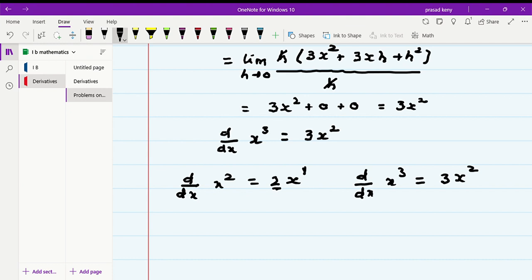So in general, I can say derivative of x to power n is n times x to power n minus 1. So n has come down and x power has reduced by 1.